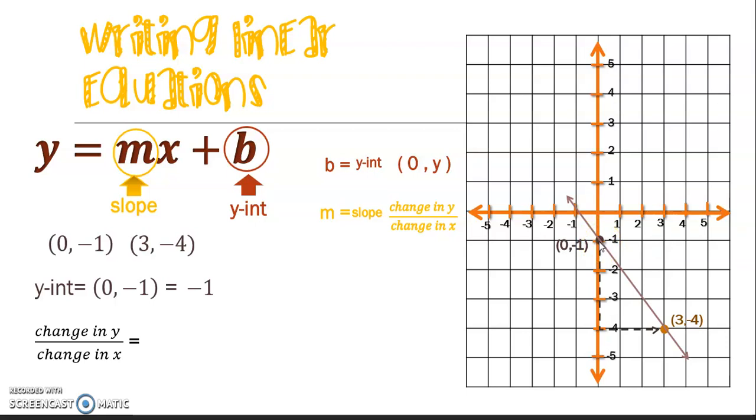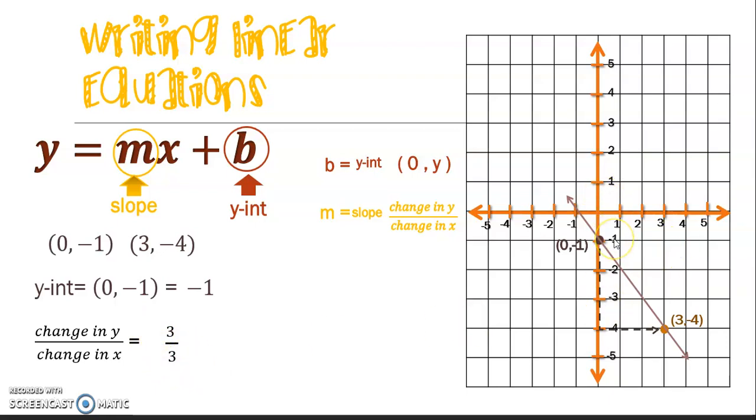So I start moving here, and I see 1, 2, and 3. I move 3 in my y. And how many do I move on my x? Well, I'm going to count how many times I move in my x: 1, 2, 3. This means my change in y is 3 and my change in x is 3.